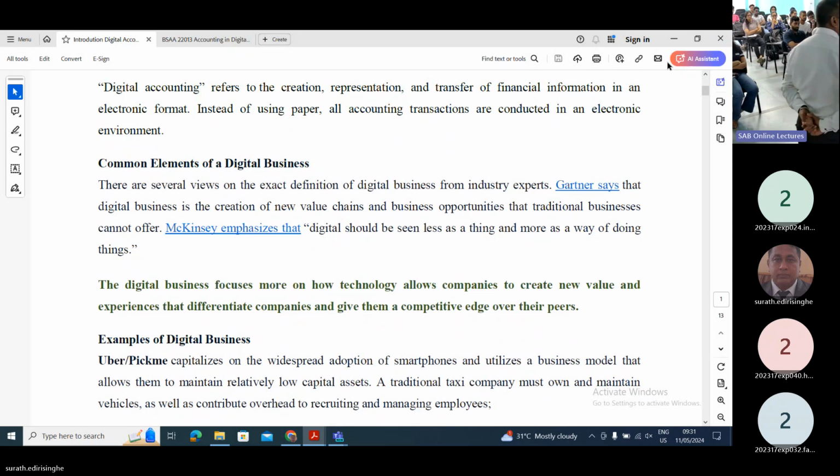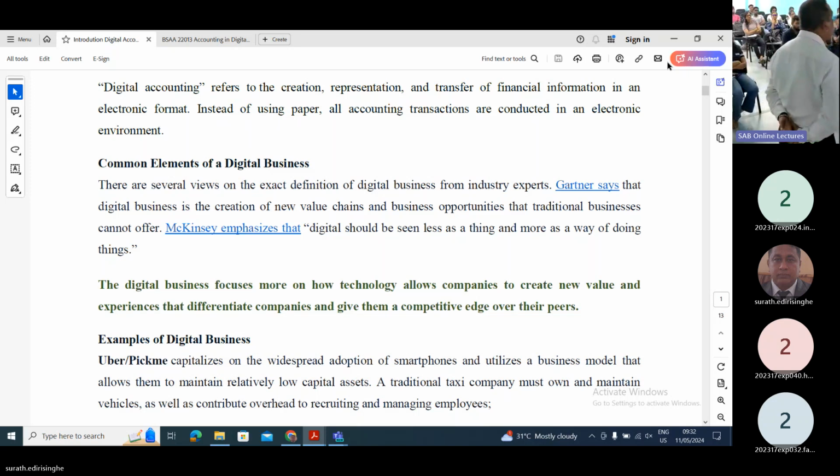There are several definitions, ideas and views given by many different persons in the world and countries on the internet. I selected two authors, industry experts, to give an understanding of the common features and common elements in digital business.